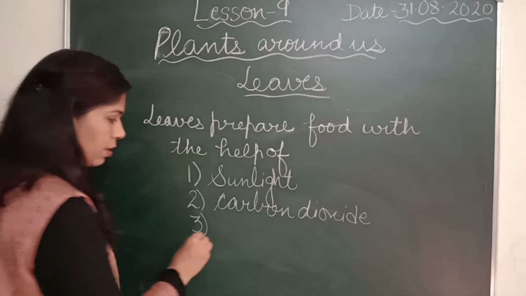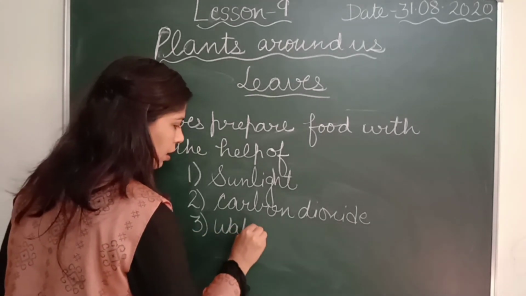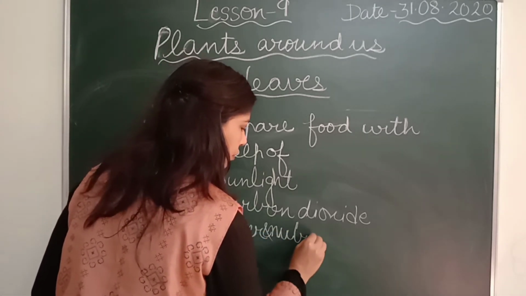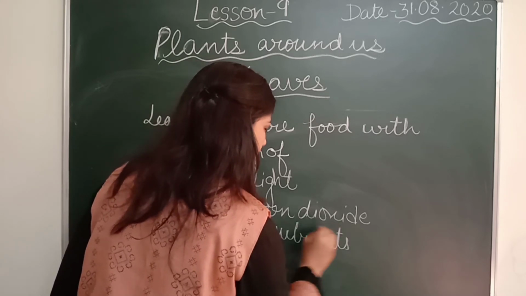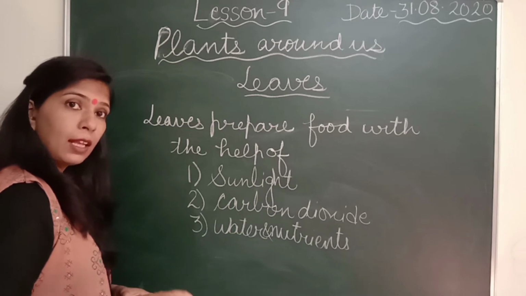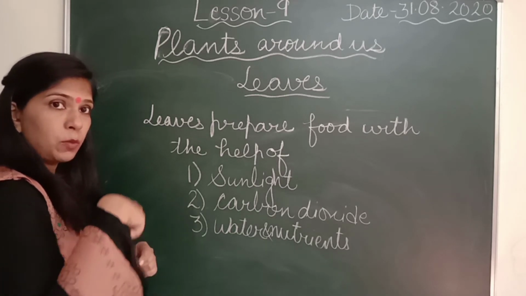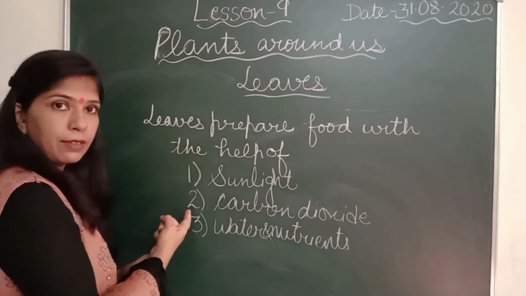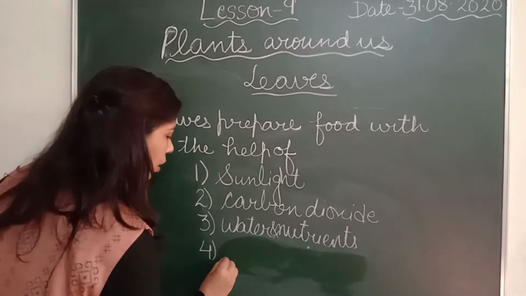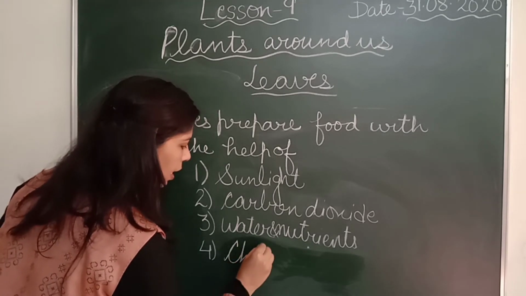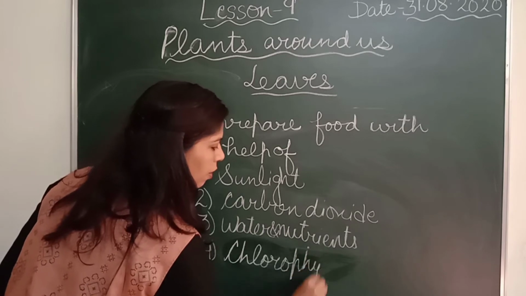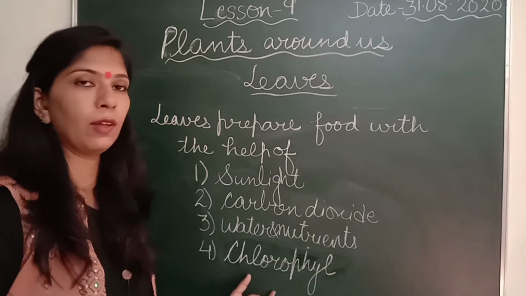Now third is water and nutrients that are there in the soil and are absorbed by roots, and then transported to the stem and then to the leaves. Okay, and now the fourth requirement is chlorophyll.